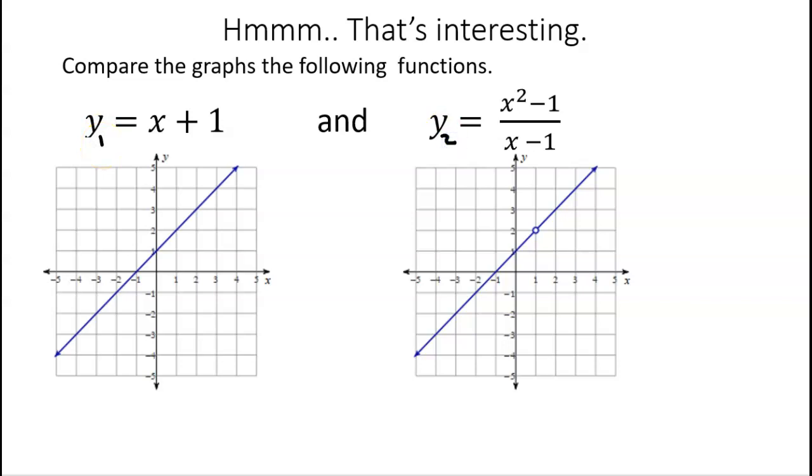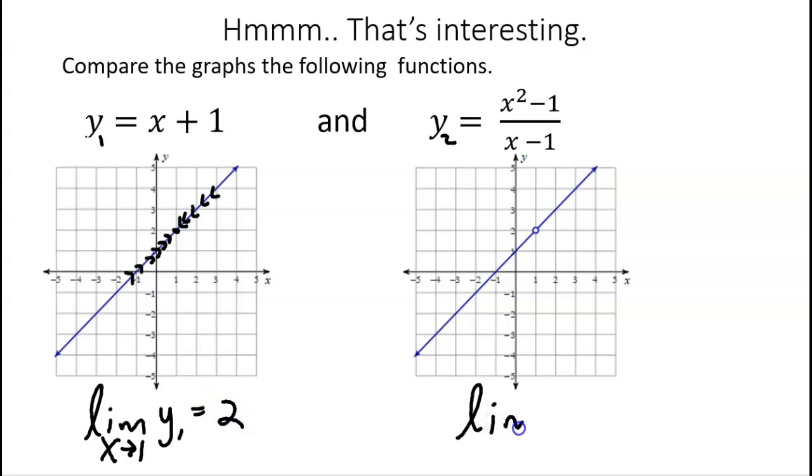So, what is the limit of this function as x approaches 1? Well, here's where x equals 1, and if I were to approach it from the left, and if I were to approach it from the right, they both land at the same spot, which is a y value of 2.